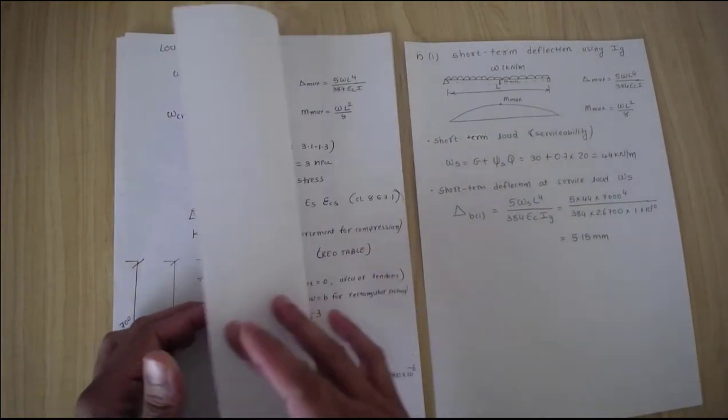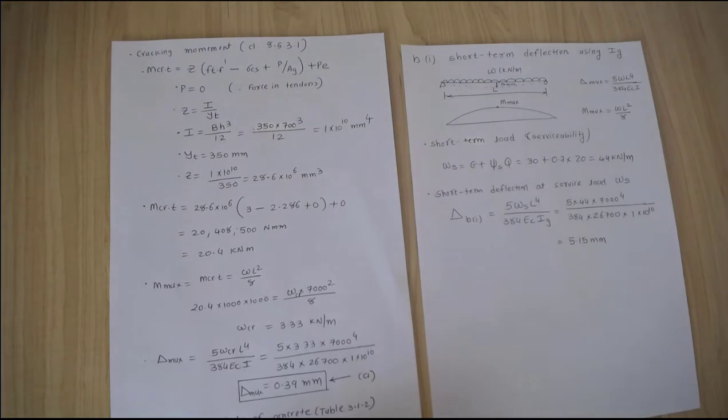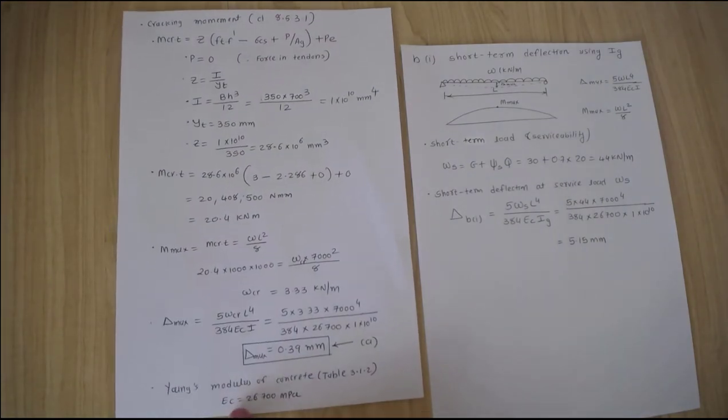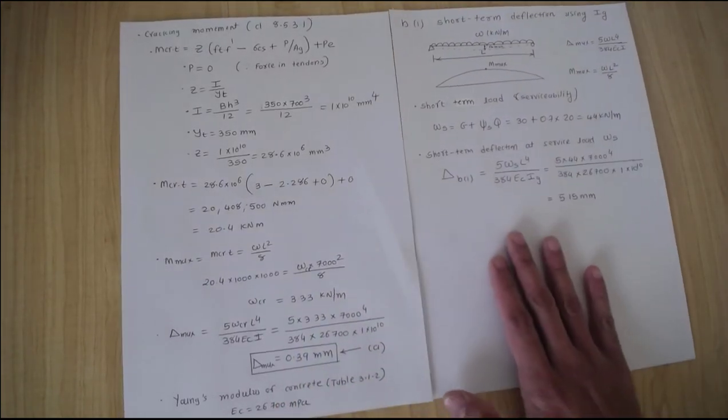I think Ec we calculated in the last video, where you calculate this Ec, Young's modulus of the concrete, from Table 3.1.2, that is for 25 megapascals. From that table we found that value.